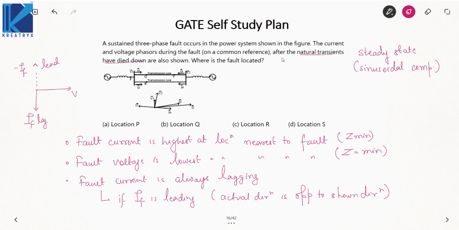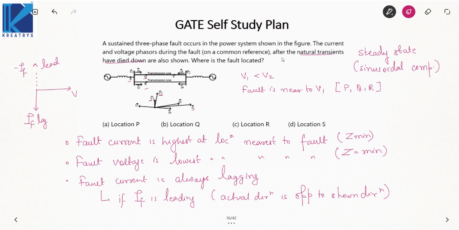Now let us analyze the phasor. See, V1 is less than V2. If V1 is less than V2, we can say the fault is near to V1. What are the locations near to V1? P, Q and R. That means the fault cannot be at S. Now let us see the currents.